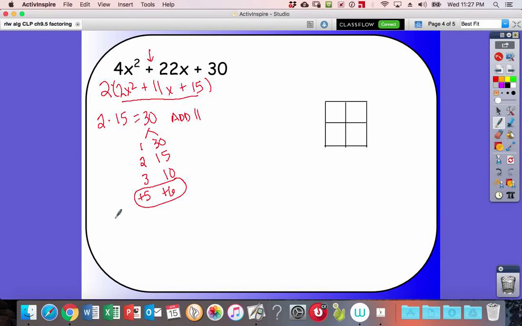Okay, now if I wanted to do it by grouping, I'd leave the greatest common factor out here. And I'm going to say 2x squared. Now I'm going to put the 6x first plus 5x plus 30.